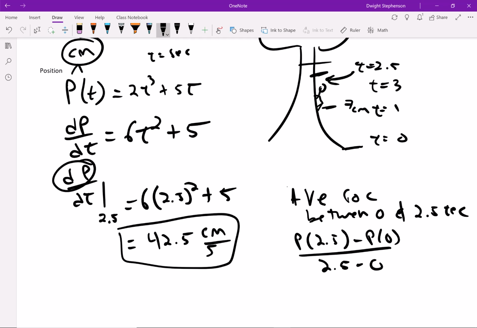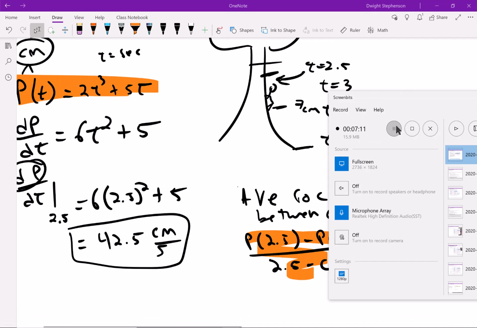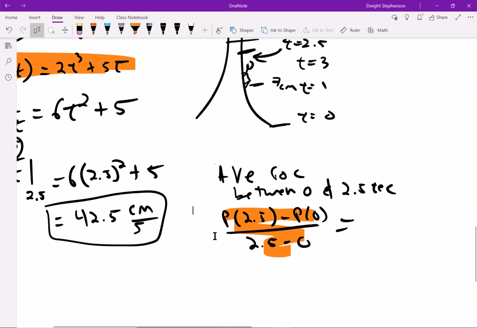When we're doing average rate of change, it's really important to understand that you're plugging into the original function, not the derivative. So if you plugged 2.5 into the original function, you would get 43.75. If you plug in 0, you get 0, and then 2.5 minus 0 is 2.5. And so in this case, you would get 17.5.